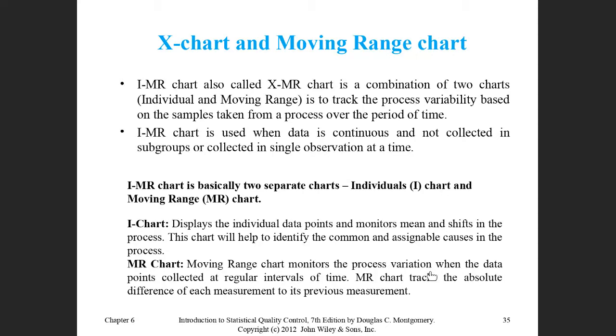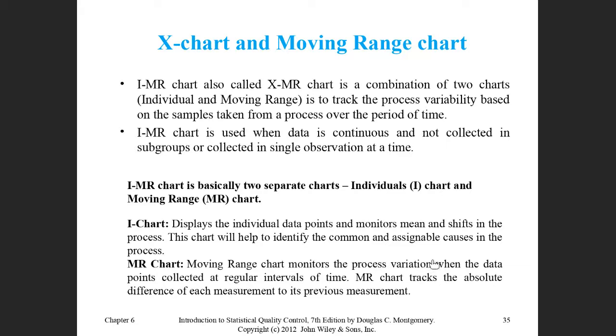So we have the two, as we did have the X bar R and the X bar S control charts. We used to have two charts, each one of them assigned to monitor a specific parameter. Today, the same.